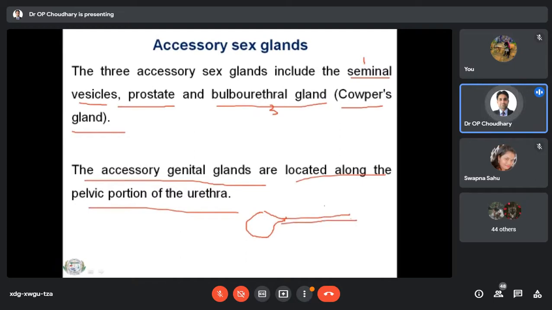This part is the pelvic urethra, and the part of the urethra present between the two crura of the penis is called the penile part of the urethra. So there are two parts of the urethra, the pelvic part and the penile part.